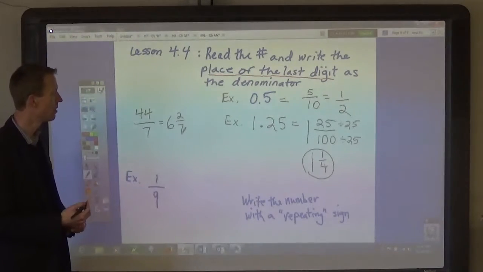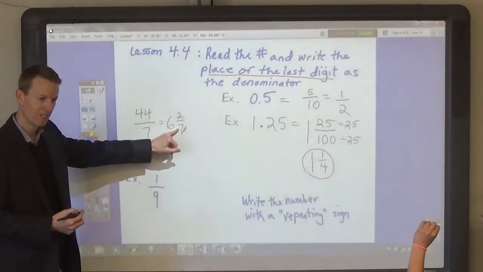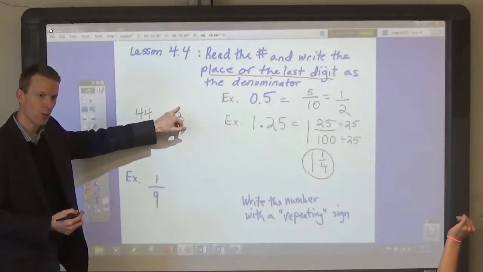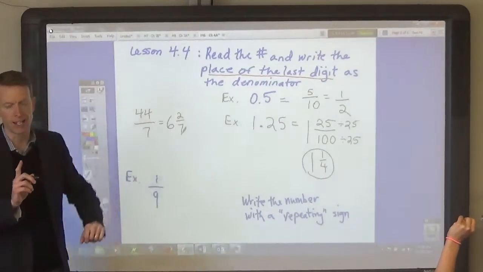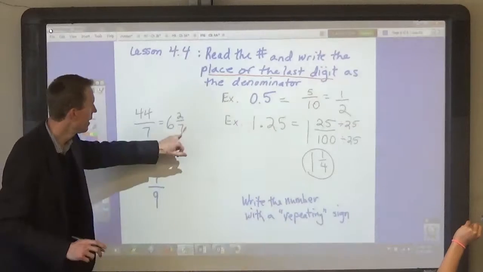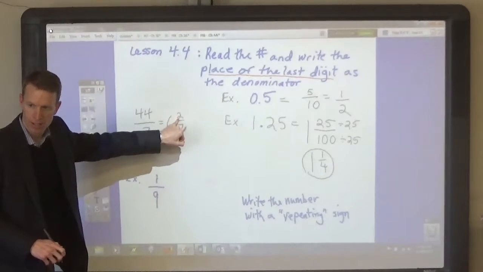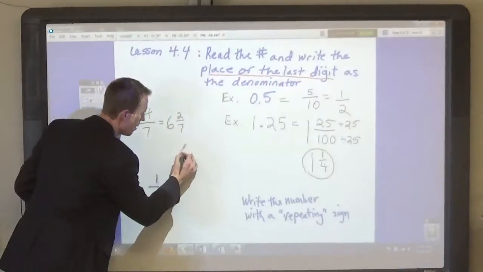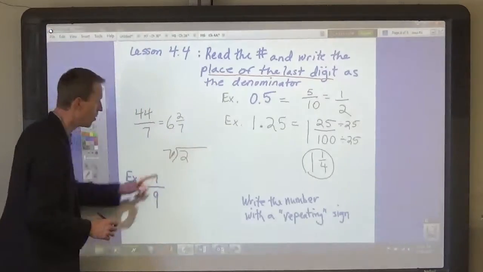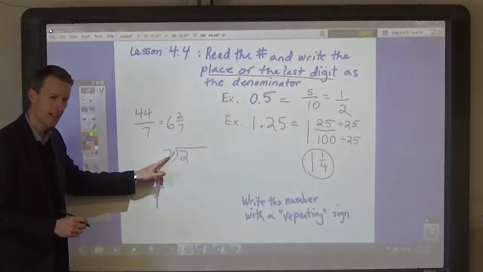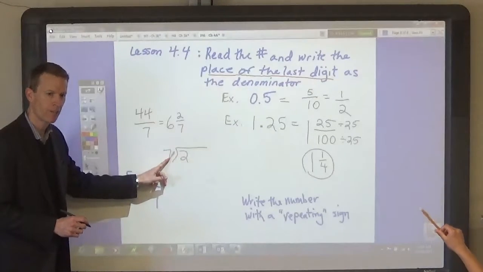Now we can convert this to a decimal, and we have to divide 2 divided by 7. Now here's where you have to remember something, class. You don't put the biggest number in the house, you always put the top number in the house. The top number goes in the house like this when you're dividing. So it's 2 divided by 7.